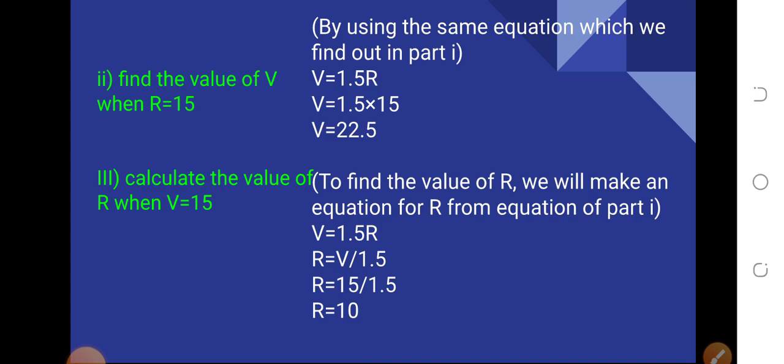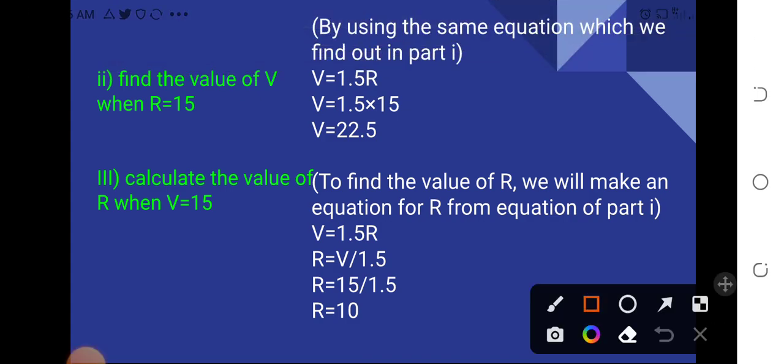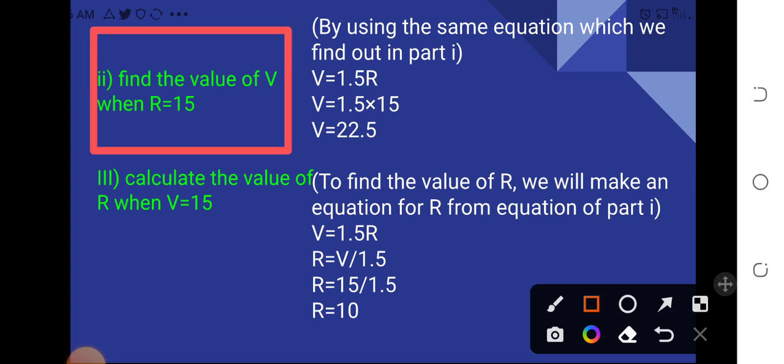The second part of this question is: find the value of V when R is equal to 15. Now we will use the same equation which we found in our first part, V is equal to 1.5 R, and we will just put the value of R here and get the value of V. V is equal to 1.5 into 15, the value of R given in the question.